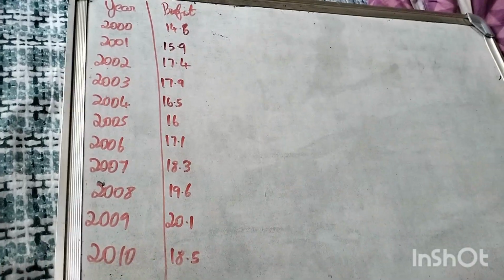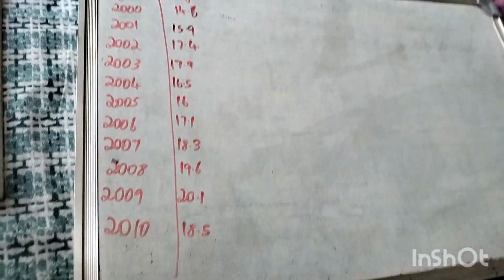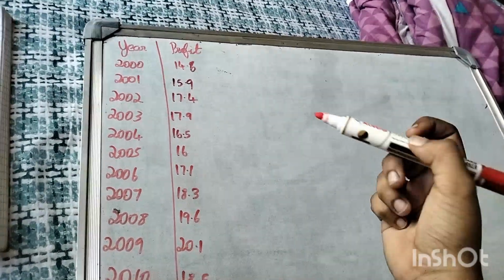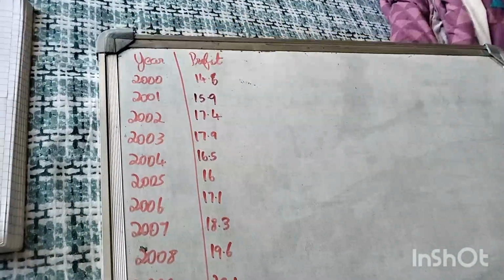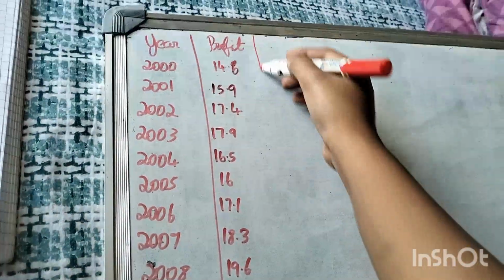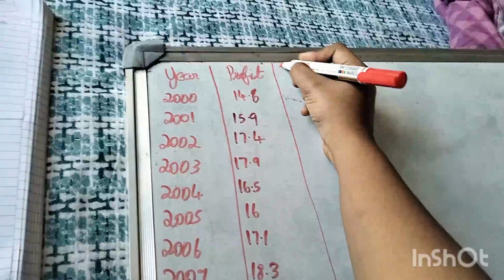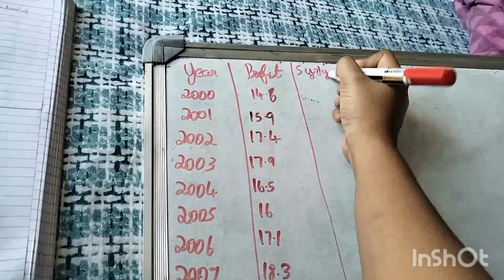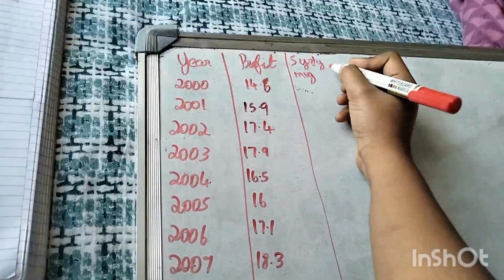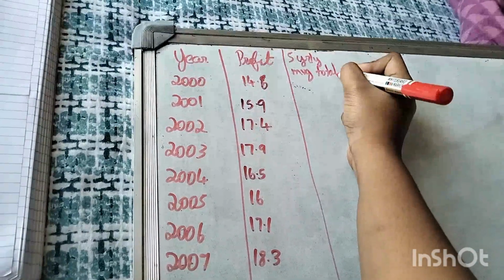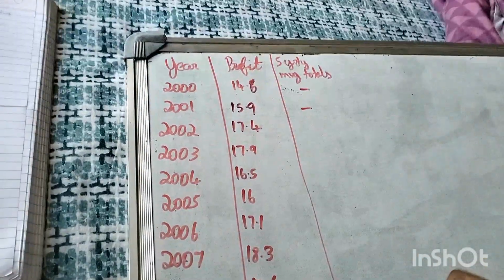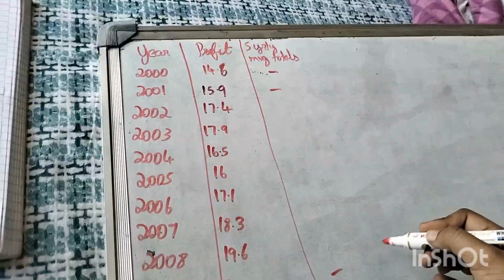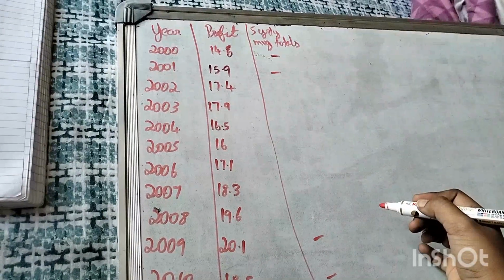So for this, we need to actually calculate the 5 yearly moving averages. Years are from 2000 to 2010, and profits are also given. The next table will be 5 yearly moving totals. So the first two are going to be blank, and even the last two are going to be blank.